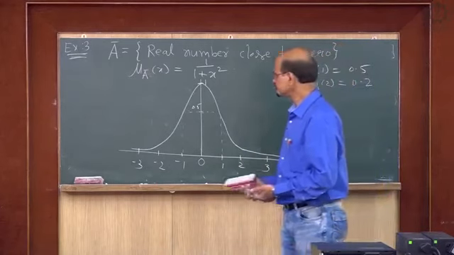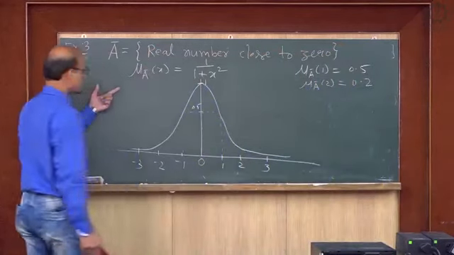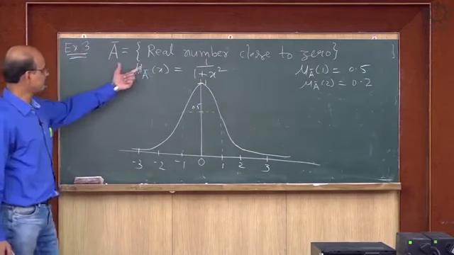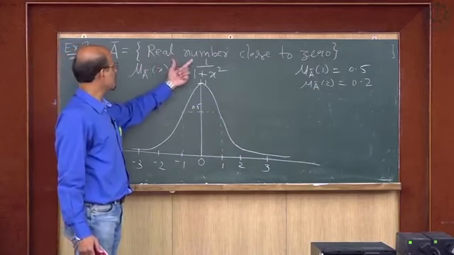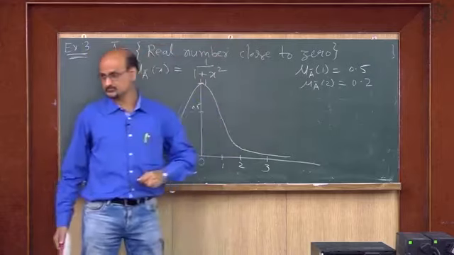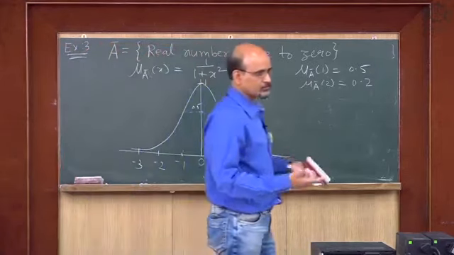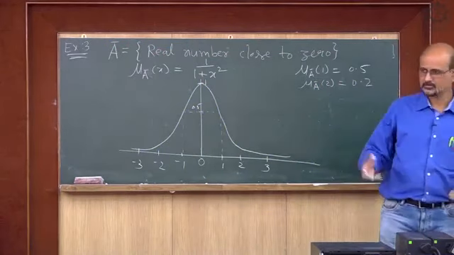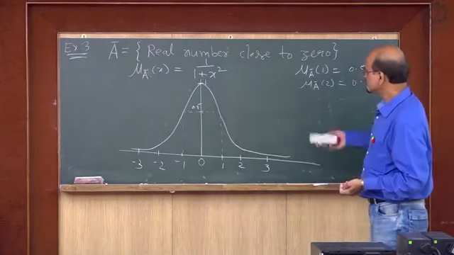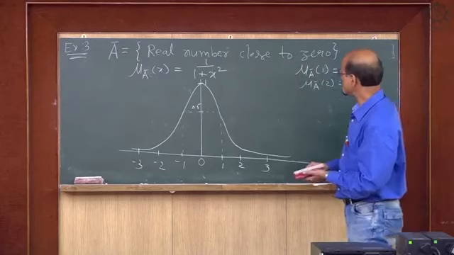Now in the next example, I change this to a real number very close to 0. We have the idea of very close, very hot, like that.